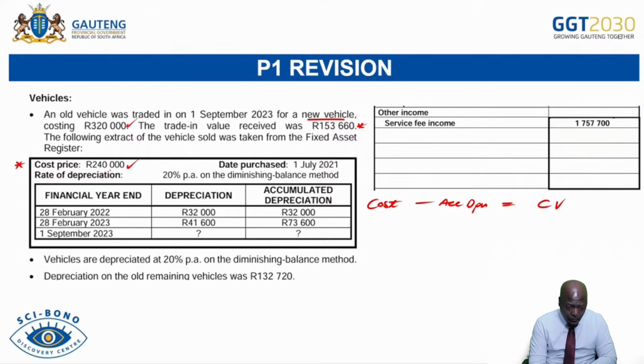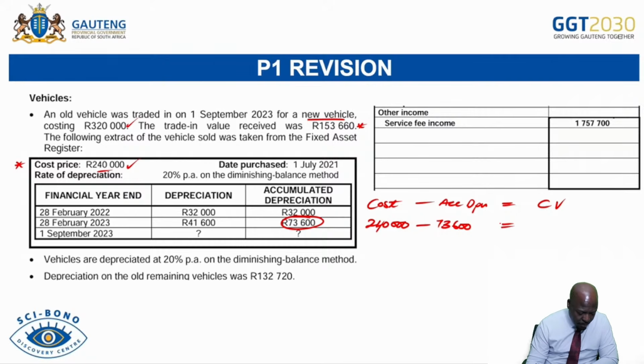So if I take my cost, which is my 240,000 here, I subtract my accumulated depreciation, which is 73,600. It should give me my carrying value. And my carrying value here becomes 166,400. This is the carrying value at the beginning of the year.